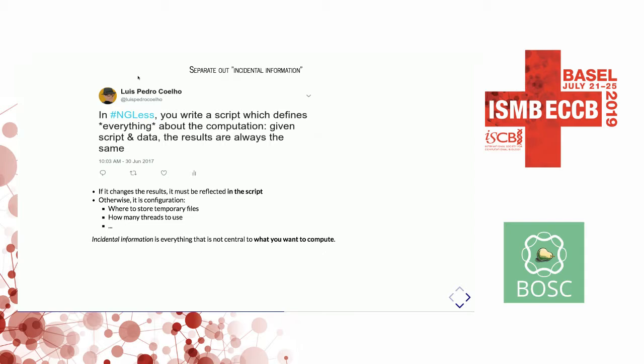And again, as in the previous talk, one thing we always keep in mind is that the script should completely define the computation. From the computer science point of view, the output is a deterministic function of what the inputs were plus the script.